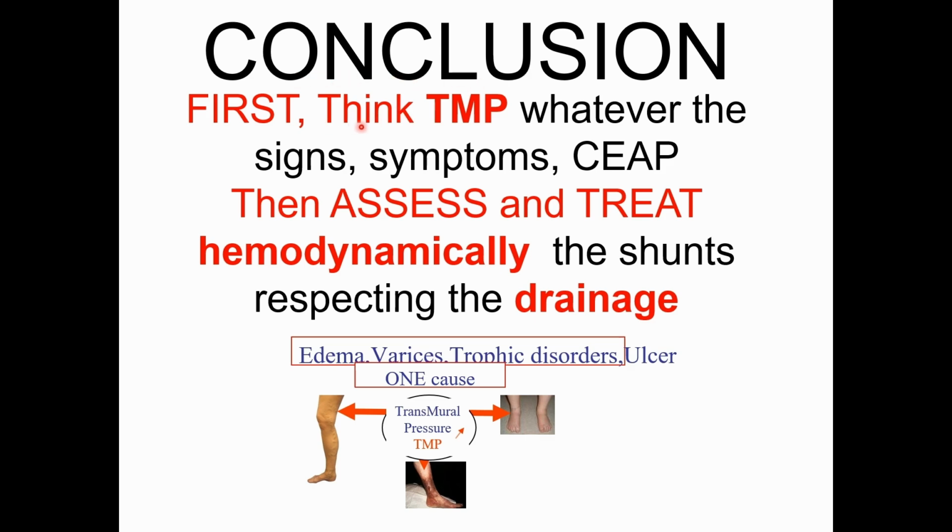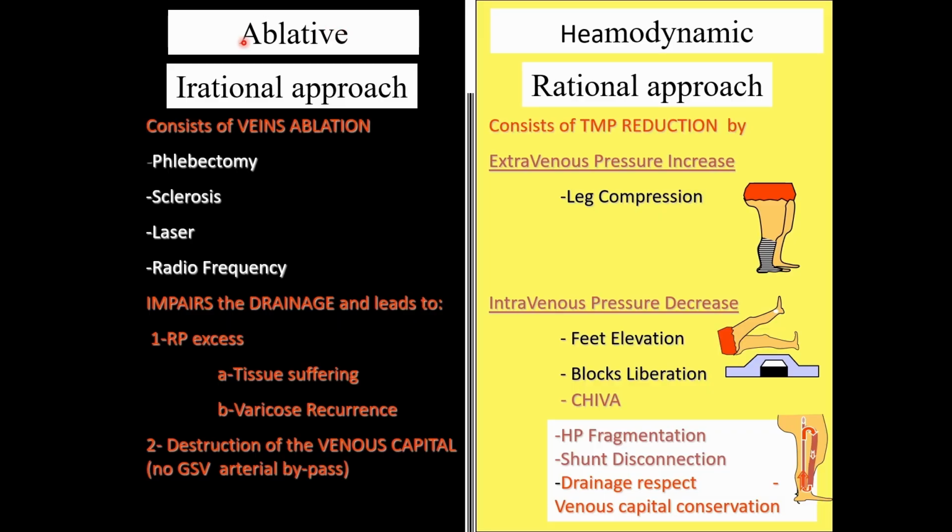Conclusion. First, think TMP, whatever the signs, symptoms, and especially CEAP. Then assess and treat hemodynamically the shunts respecting the drainage. Ablation is an irrational approach.